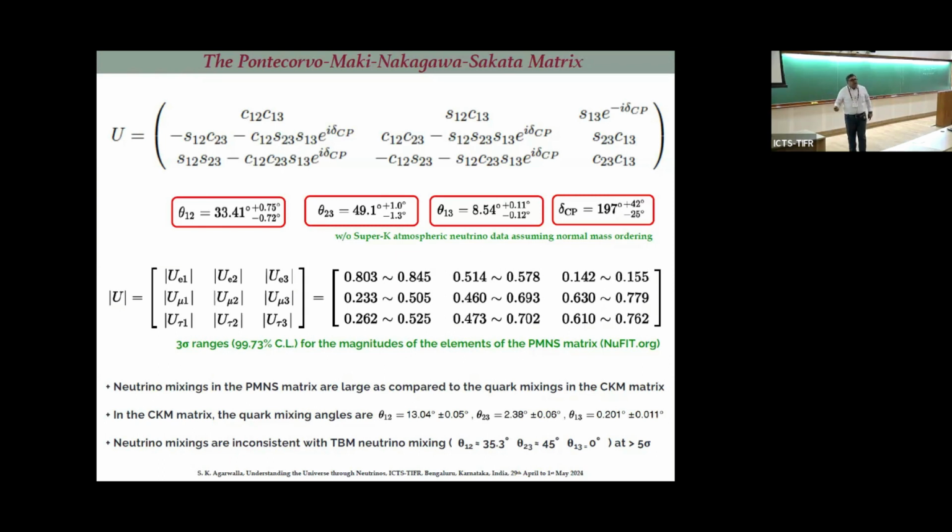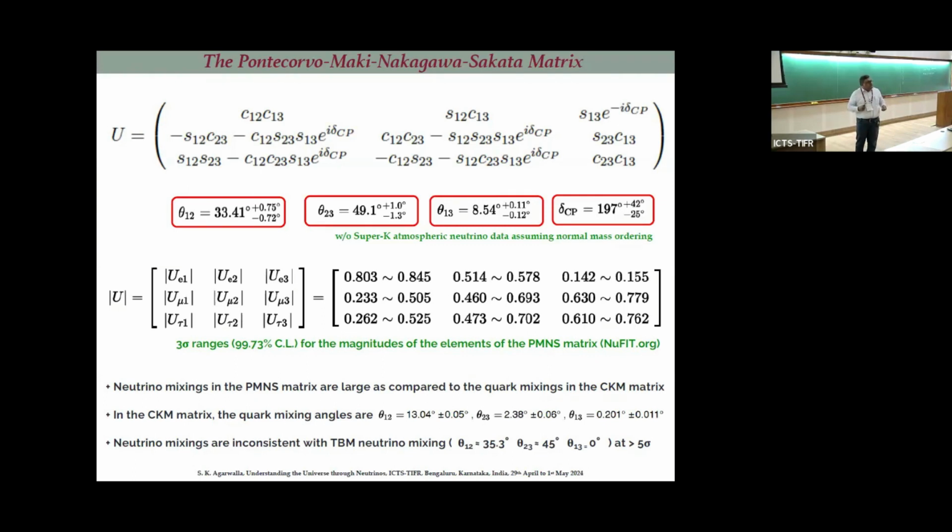If the mixing were small, what would happen to this matrix? Tell me. If the mixing angles are small, what would happen to this matrix? Yes, it would all become diagonal, right? The off-diagonal elements would be close to 0. This is the case we have for the quark mixing. That is where the PMNS matrix differs from the CKM matrix.